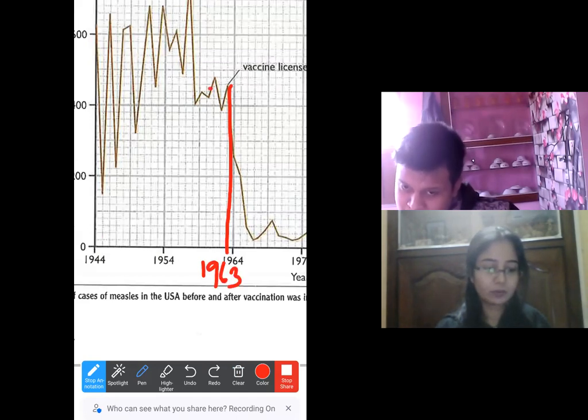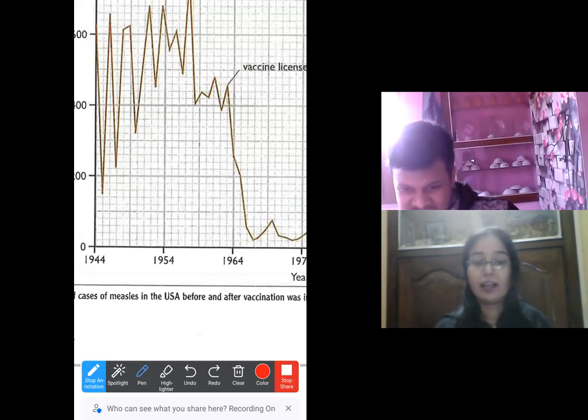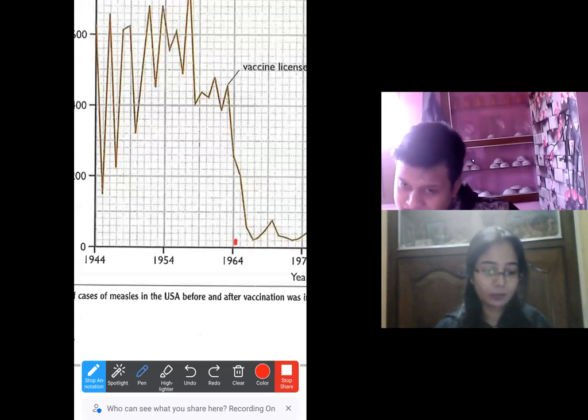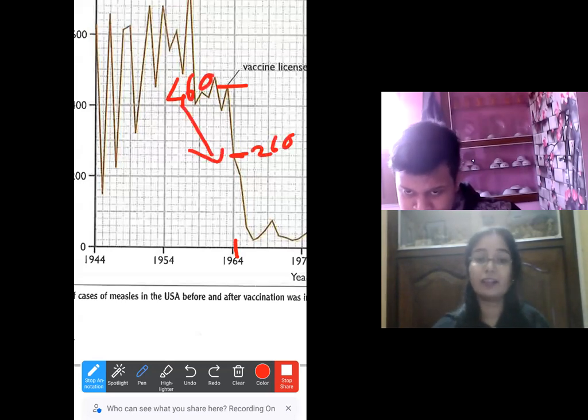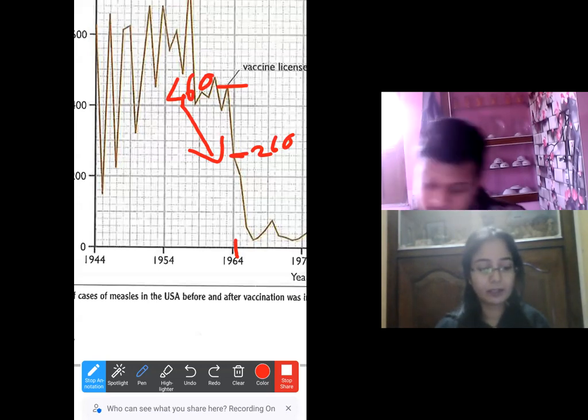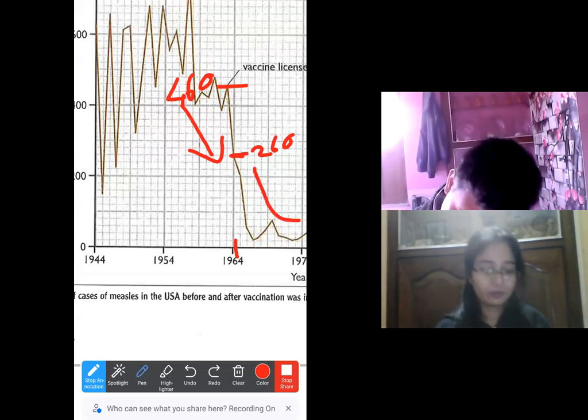In 1963 they started vaccinating people, and within 1 year, in 1964, it became 260. That means 460 to 260, about half, 50% decreased in the first year between 1963 and 1964. After that it completely dropped down. You can see the graph.